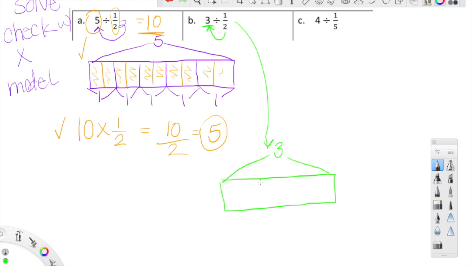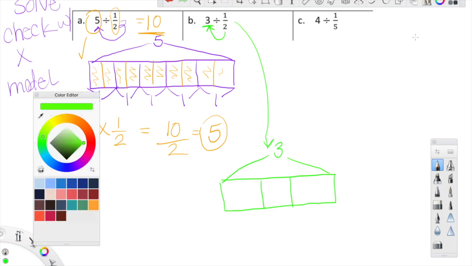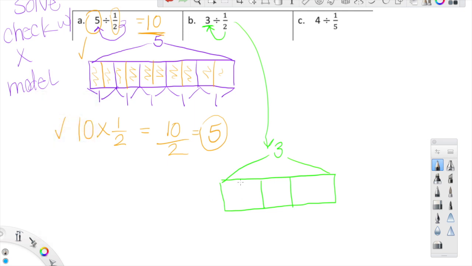I'm going to show my 3 individual units, and then I'm going to grab another color just so this is crystal clear, and I'm going to divide each of my units, each of my 1s, into 2 halves. 1, 2, 1, 2. So now, when I'm looking at how many halves fit into 3, I'm looking at 1, 2, 3, 4, 5, 6.